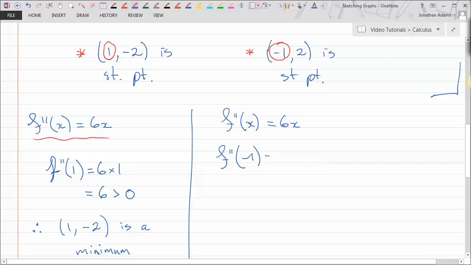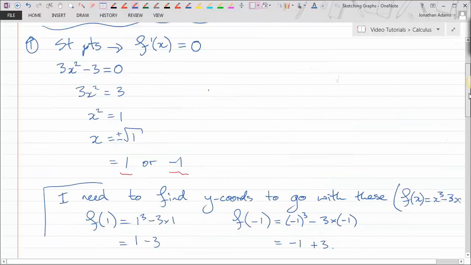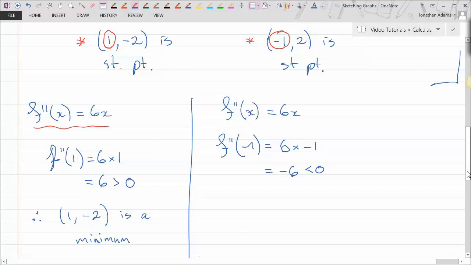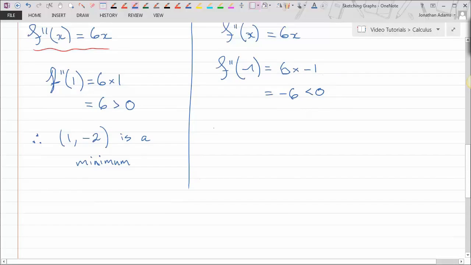When I substitute it in, I'm going to get 6 times negative 1, which is negative 6. And more importantly, that's less than 0. So if we've got the second derivative less than 0, that tells us that we are concave down in this location, and therefore we're going to have a maximum.